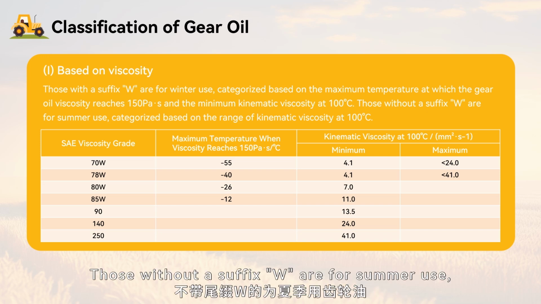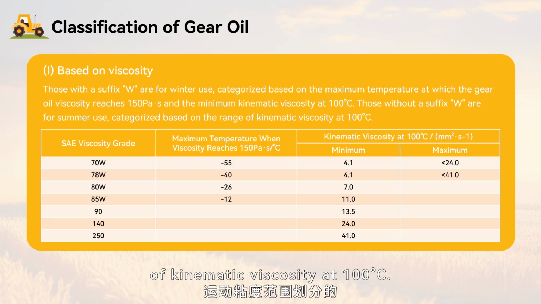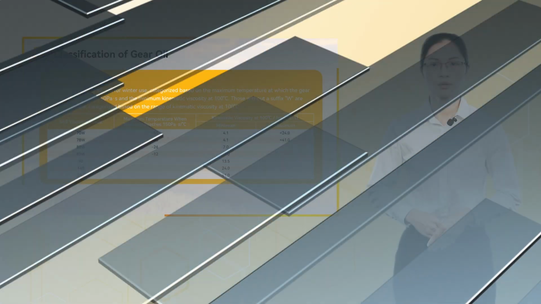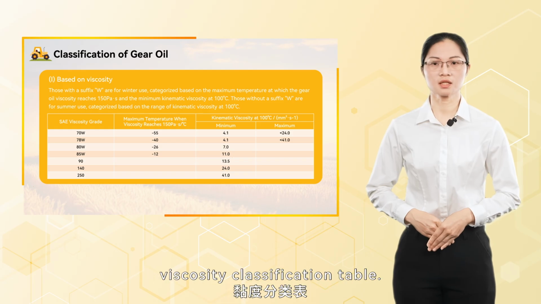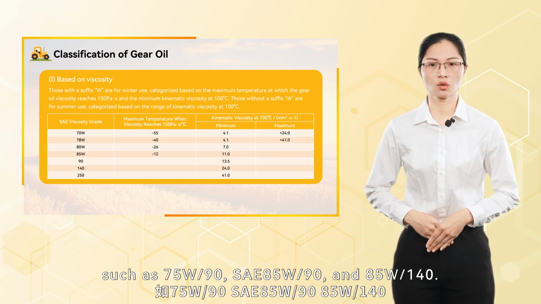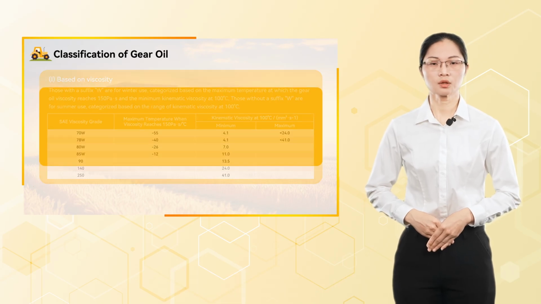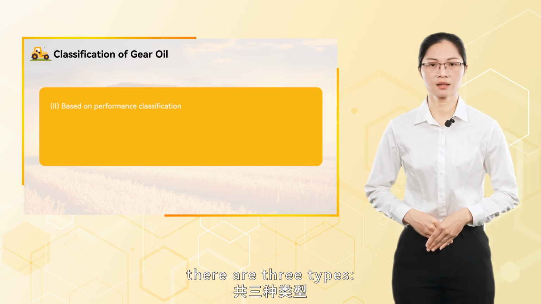Those without a suffix W are for summer use, categorized based on the range of kinematic viscosity at 100 degrees Celsius. Below is the SAE Vehicle Gear Oil Viscosity Classification Table. Additionally, there are also multi-season gear oils, such as 75W90, 85W90, and 85W140.